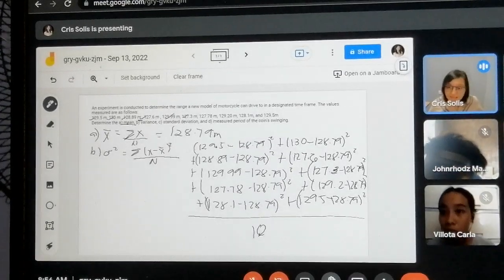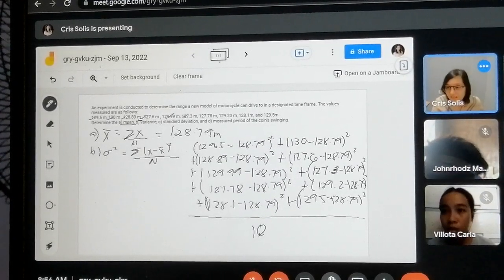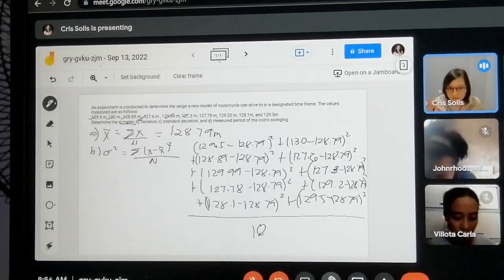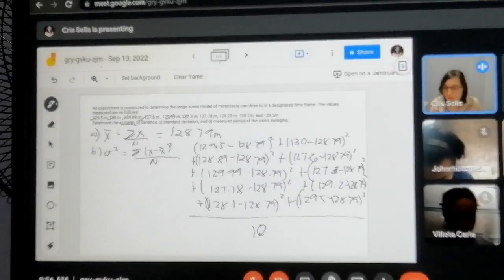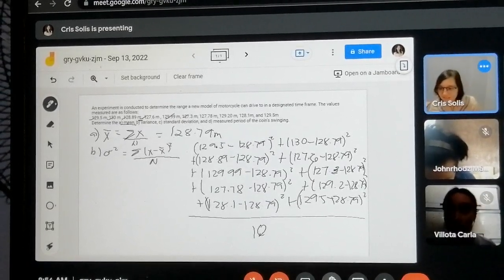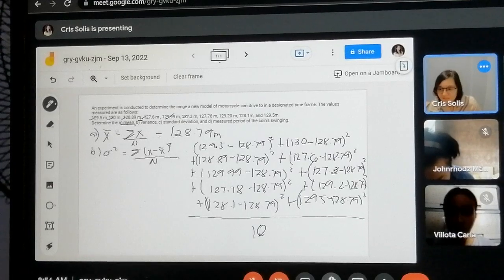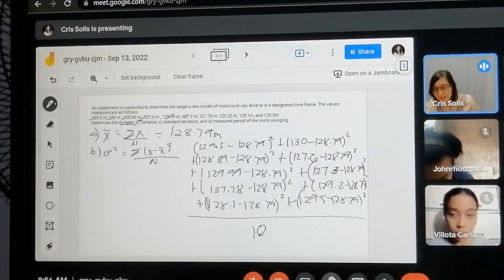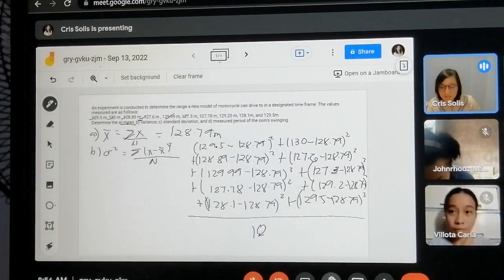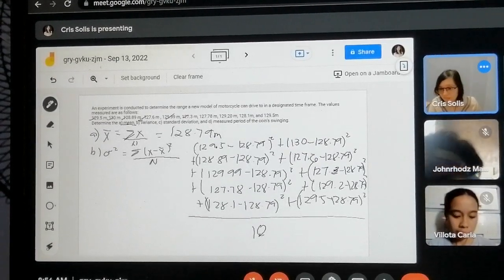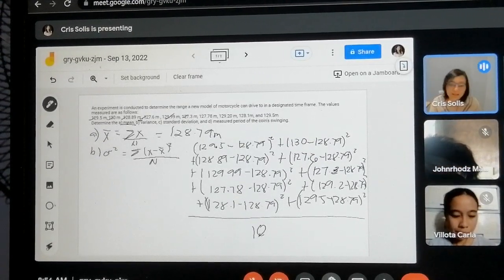Ang gagawin ko na lang, ilalagay ko na lang yung mga given, gawin kong 15, tapos isusulat ko lang yung apat. Mean, variance, standard, saka s squared. Kaya, in our quiz or in our exam, sometimes, baka makita nyo, ganun lang isusulat ko.